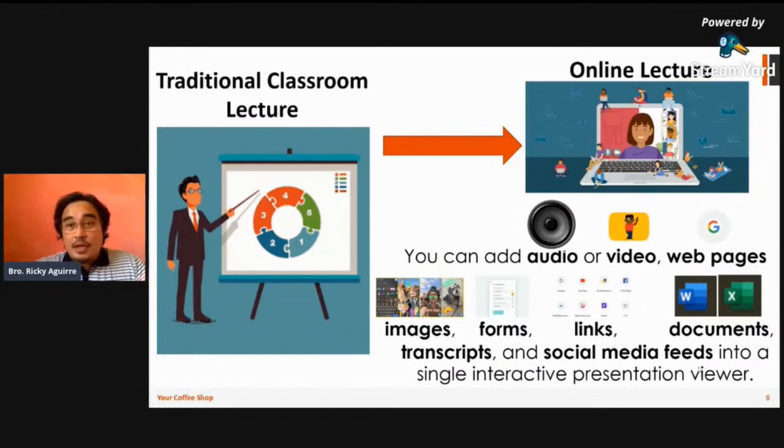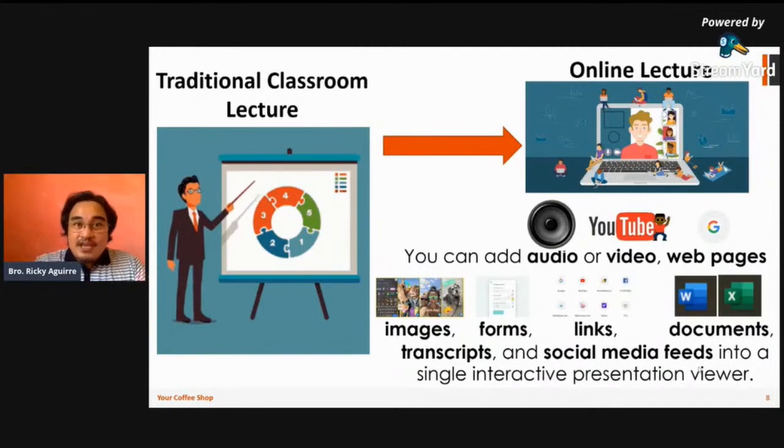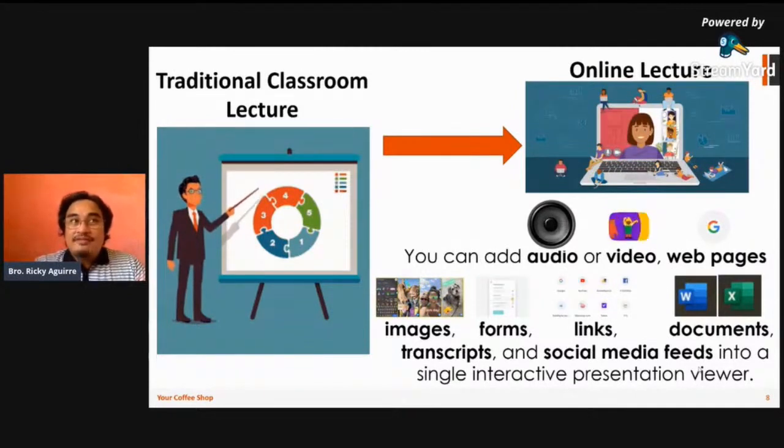What happens with the online lecture is that it becomes more interesting to our students. We can use lots of audio and visual materials to augment and substantiate our presentation, unlike in the classroom, where we're limited to what's available in the school. Of course, for an online lecture, we need very good connectivity.